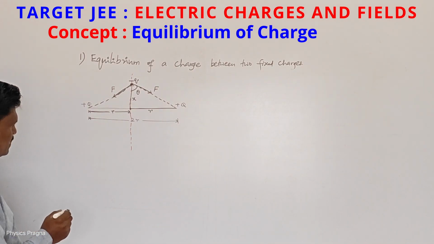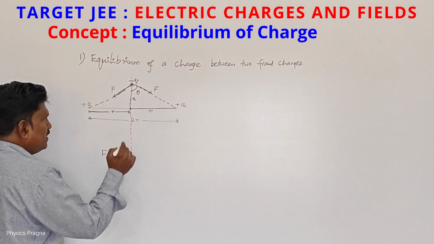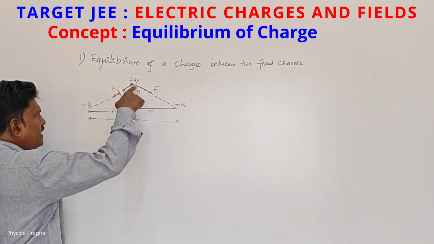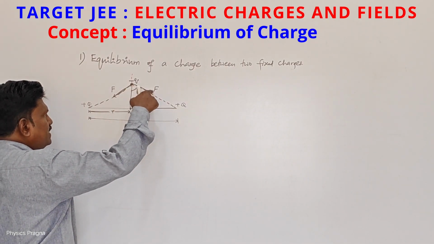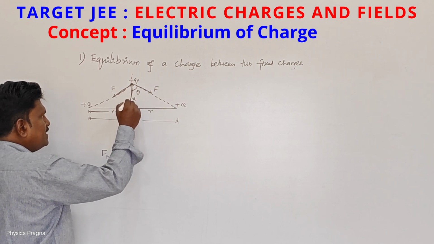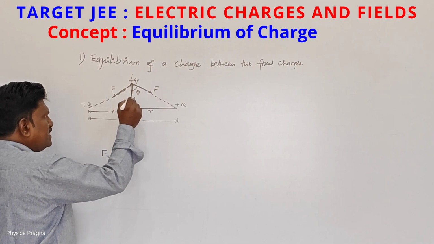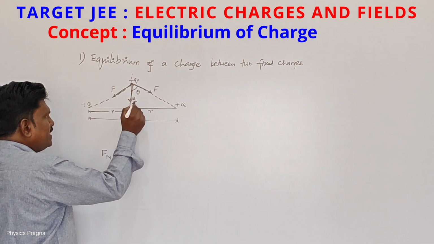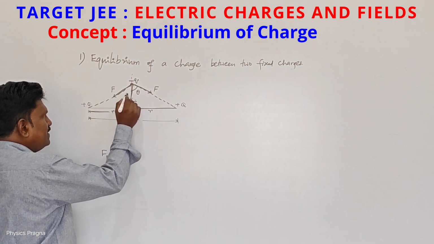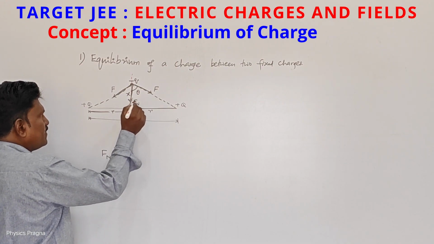Then what is the net force acting on minus q here? This is F. Towards the center it will go like this, because of these two forces the resultant force is in this direction. This is the direction of resultant force.